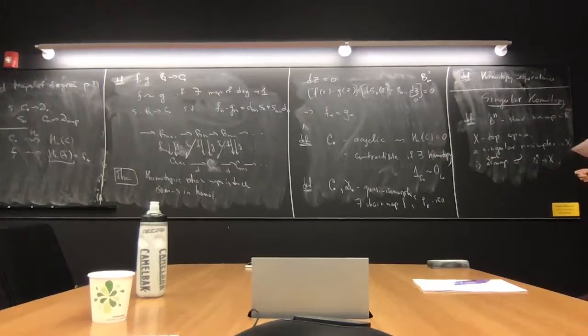That's all. It's called singular because there are no requirements on this continuous map. It doesn't have to be injective or an embedding, nothing. It can collapse delta n into a point, whatever. It's still a singular n-simplex.